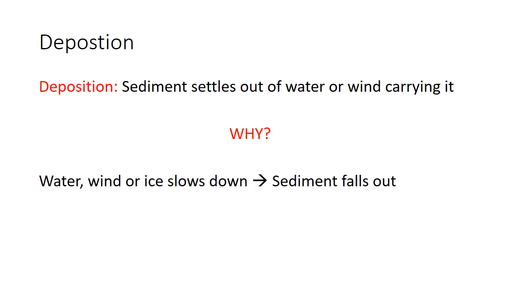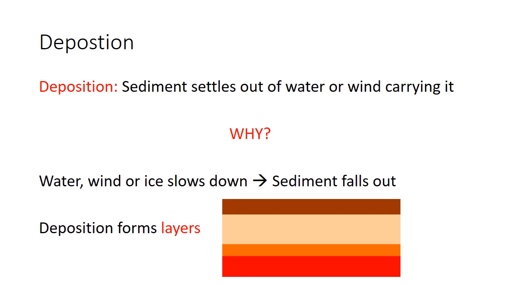When the water, wind, or ice slows down, the sediment falls out. Easy. Deposition forms layers, just like the picture. We will see these layers in the rock later.